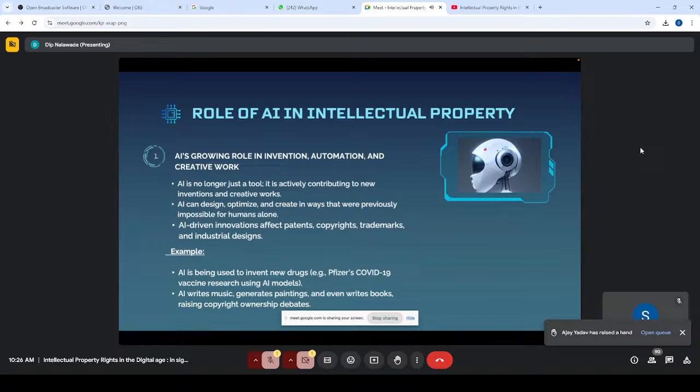For example, AI is being used to invent new drugs, like Pfizer's COVID-19 vaccine research using AI models. When Pfizer was developing the COVID-19 vaccine, just imagine if they had employed 100 or 200 researchers just to go through the data analysis. Data analysis is a very critical part of any research, and it would have taken months or years for human inventors to go through each and every detail and find the safe window where they can develop it and how.